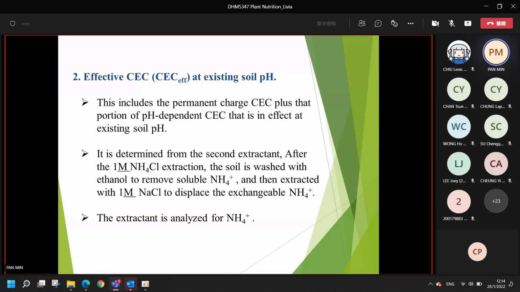and is determined from the second extraction. Two extractions with different solutions can give a better extraction for different parts of the cations in the soil.